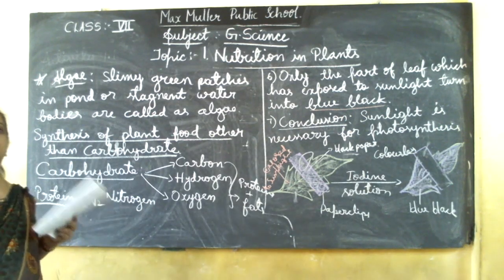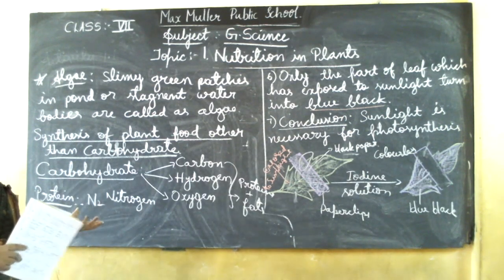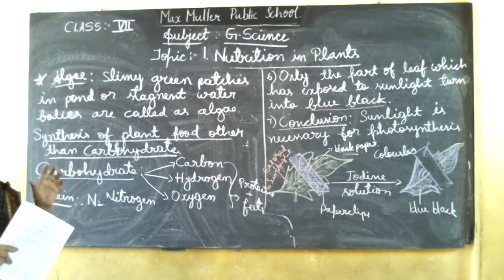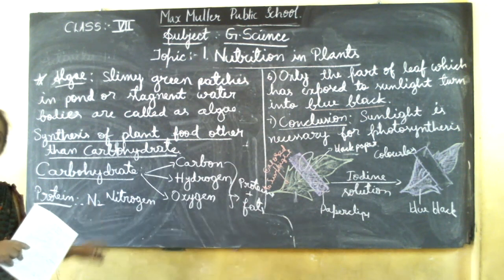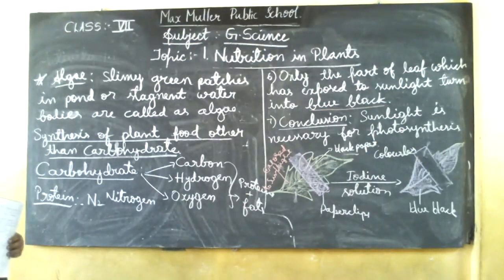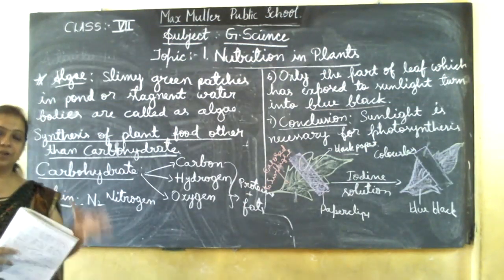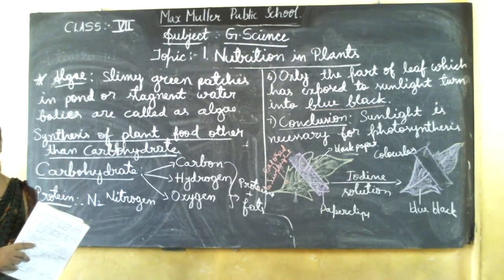In our atmosphere, in the environment, we have a mixture of gases. Air is present, and in that air several types of gases are mixed, and this nitrogen gas is also present. But the plant is not able to take this nitrogen gas directly.